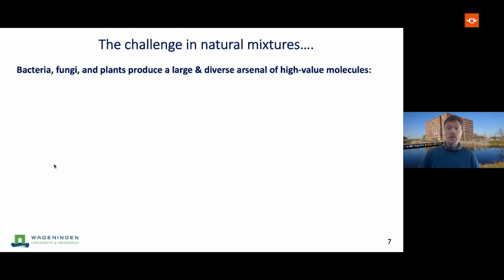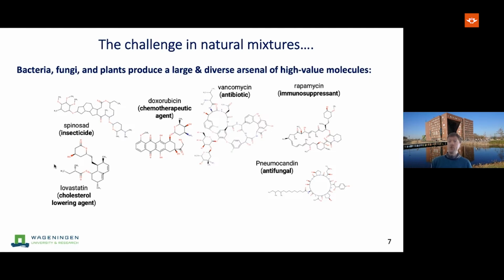So the challenge is that we now know that bacteria, fungi, and plants produce a large and very diverse arsenal of high-value molecules. Here are some examples on the slide. I'm not going to go over them one by one, but the bottom line is that these molecules were found in nature, isolated, structurally identified, and then we as humans found a way to exploit them, maybe not where they originally were meant for, but we found a way to use them to our benefit.